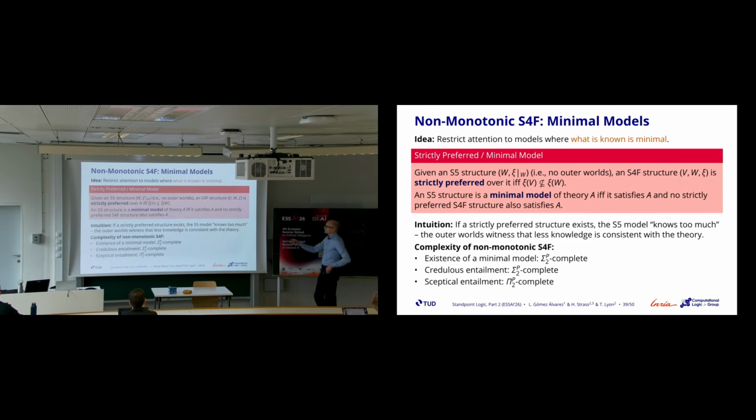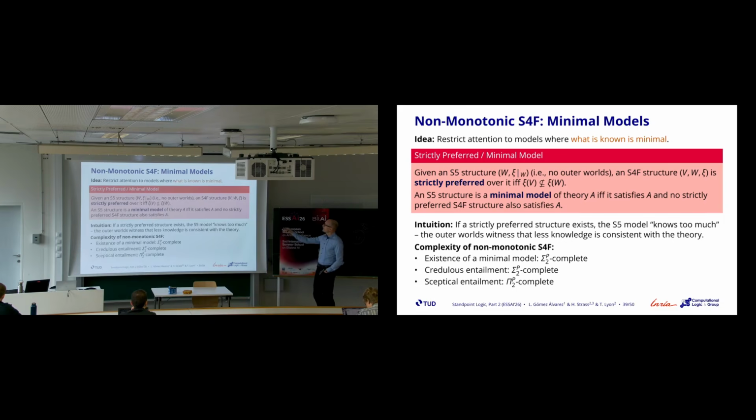So we start from such a structure without outer worlds, and we want to determine whether it is a minimal model. And minimal refers to what is known as minimal, or in other words, whether the set of worlds considered to be possible in this structure is maximal.